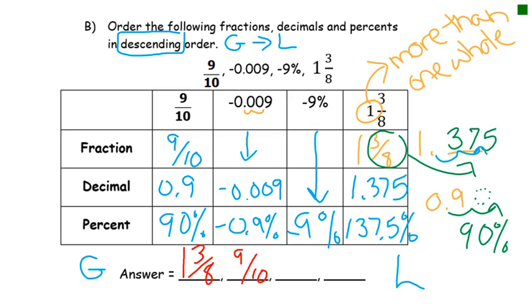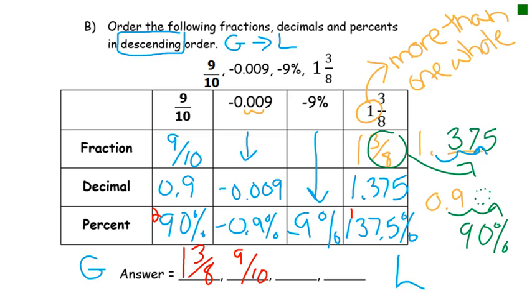So when I order these, I've already done the first two. The 1 3/8, of course, was listed first. Then I had the 9/10 or 90%. And now I'm looking at these last two. I was going from greatest to least with these. So again, with negatives, the one that is the least negative is the greater number.